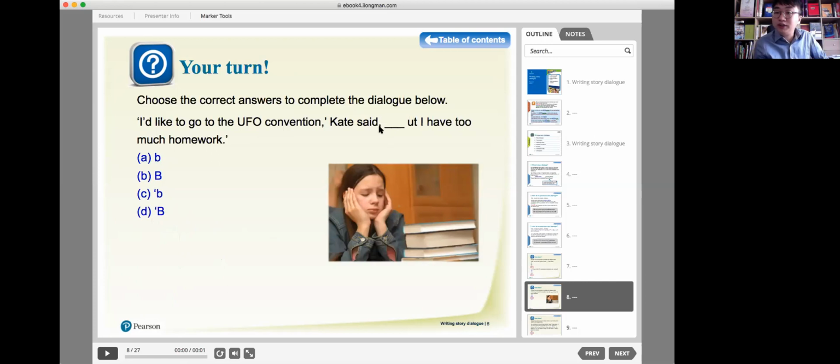Okay, you see that? Kate hasn't finished her sentence. It still goes on. So which one should we use? A, B, C, or D? C, of course. We need a lowercase letter b here.